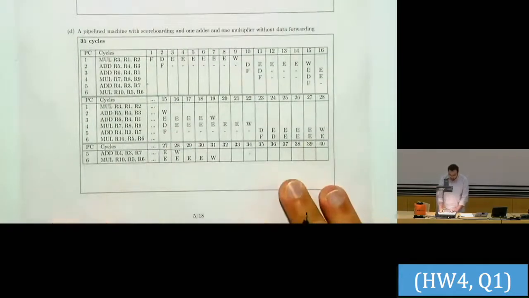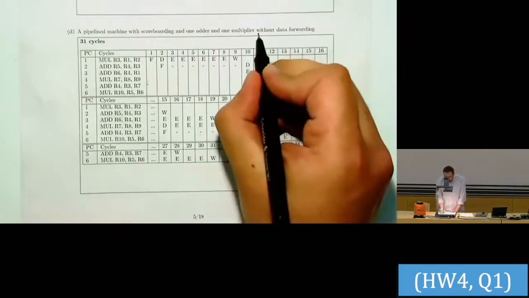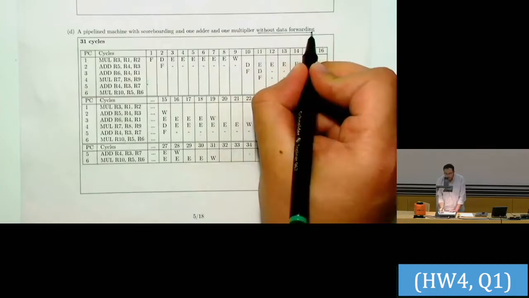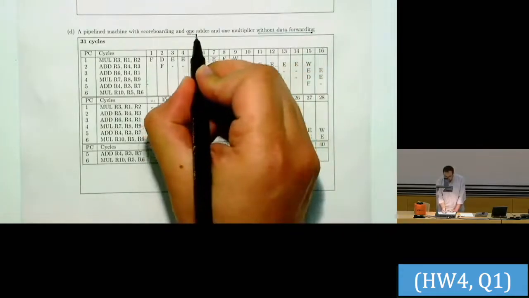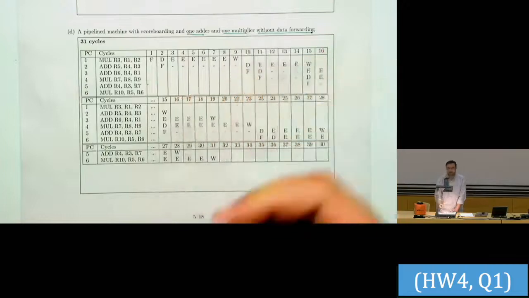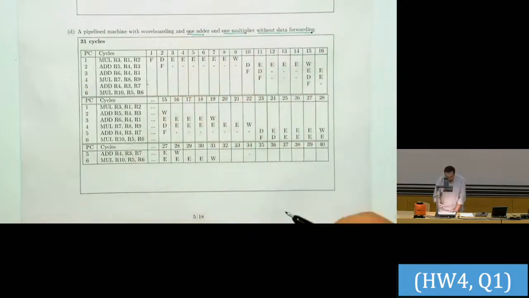In the next part, now we have a little bit more change. So this is like the first case. We do not have data forwarding, but this time we have 1 adder and 1 multiplier instead of 5 of them. So here actually another assumption comes.